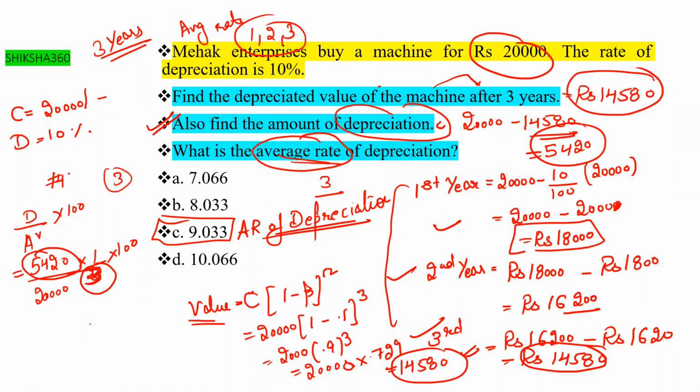If we calculated the depreciation for 2 years, then we would divide by 2. And if we calculated for 4 years, we would divide by 4. So it depends on case to case, what they are asking, clear?